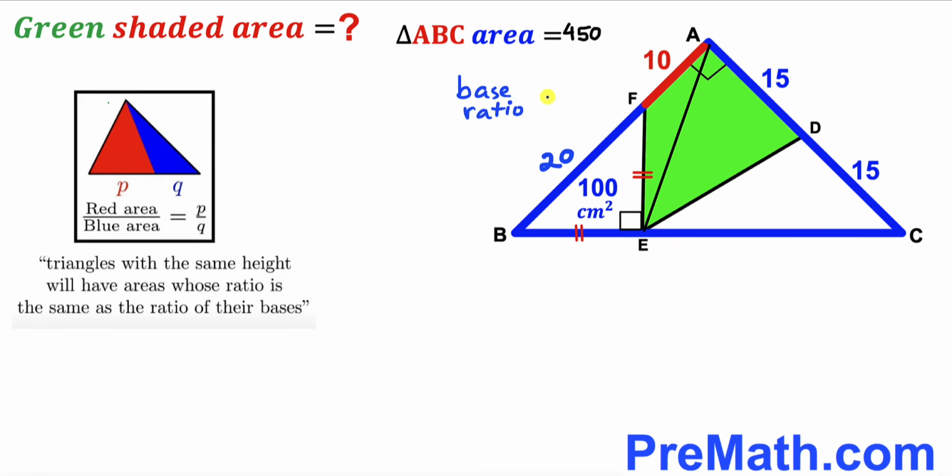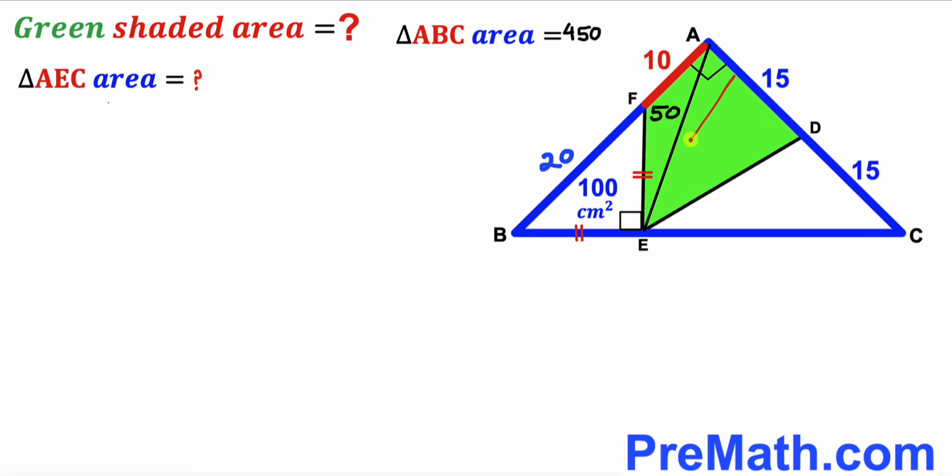In other words, their base ratio is 1 to 2, isn't it? And we know the area of this triangle is 100. So the area of this other triangle is going to be half of that one, which is 50 centimeters square. And now our task is to calculate the area of this triangle AEC.